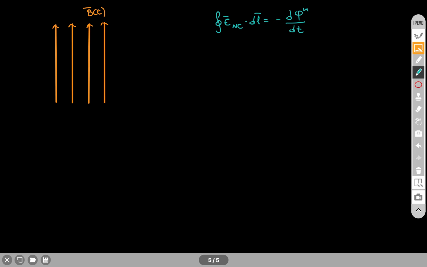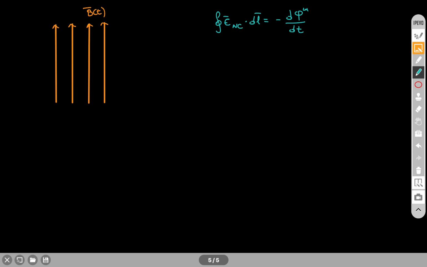So if this is the only part of space where the magnetic field exists and is changing, your non-Coulomb electric field will be present here, but it will also be present outside of that area. The non-Coulomb electric field is not confined to the space where you have that magnetic field. It will exist everywhere around it.